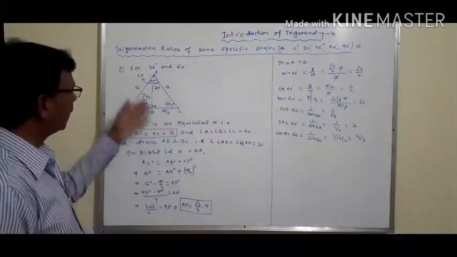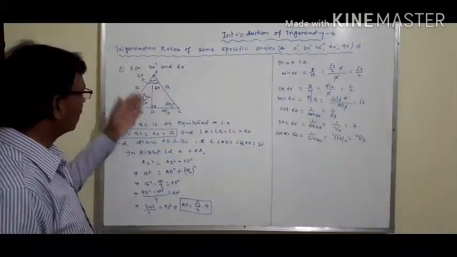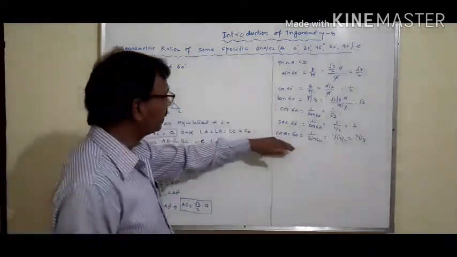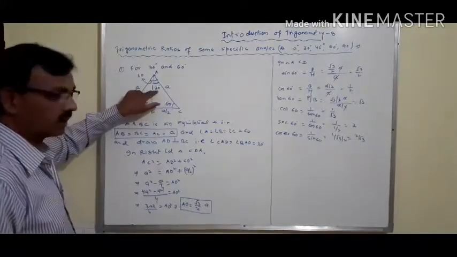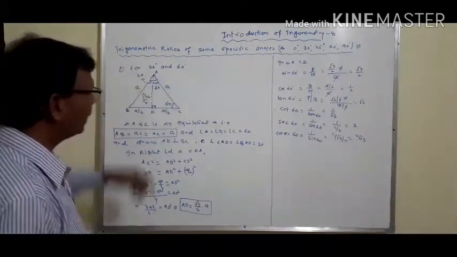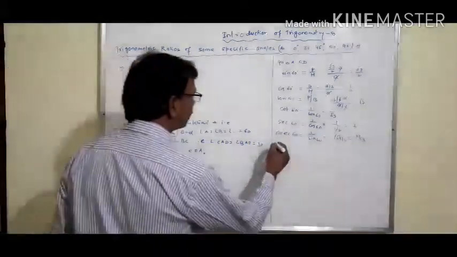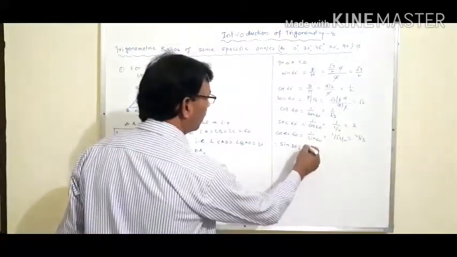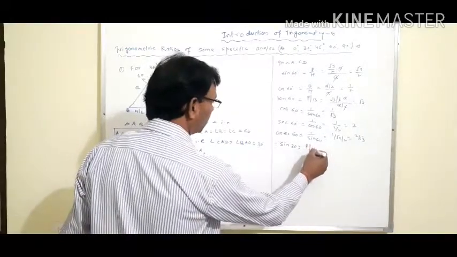From the same figure, same scenario, we can find all the trigonometric ratios for 30 degree, since 30 degree is given here. Sine of 30 equals perpendicular upon hypotenuse.